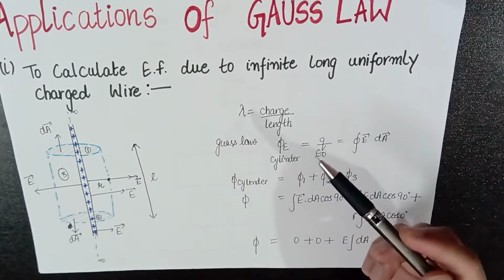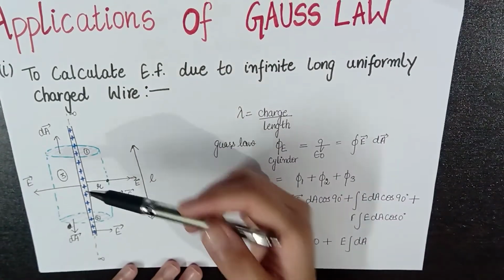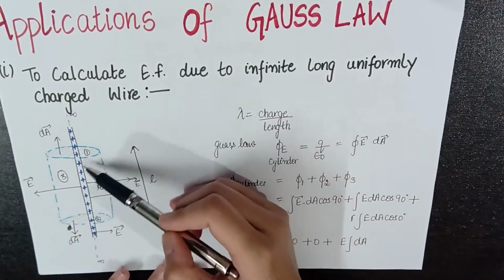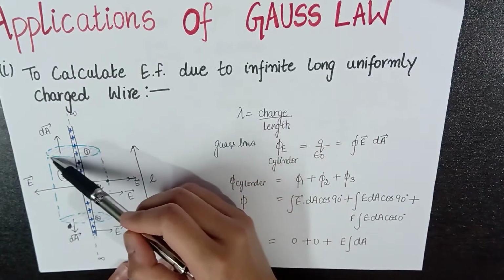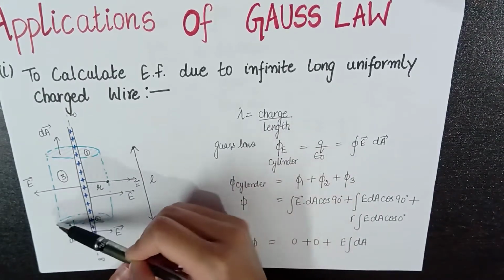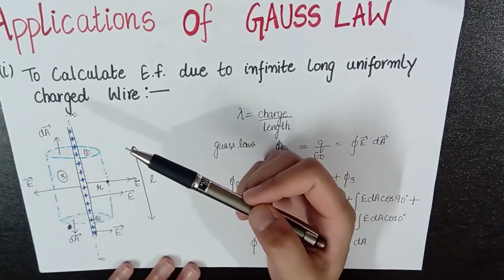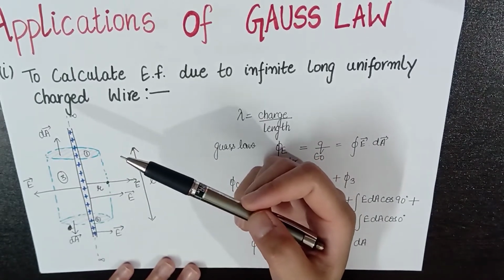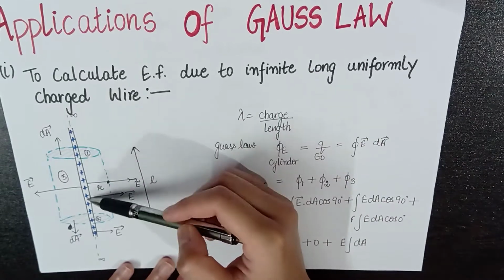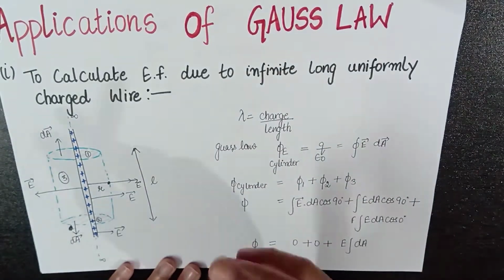For that, we will consider a Gaussian surface. The Gaussian surface in this case will be a cylinder. This cylindrical surface is the Gaussian surface with the help of which we will calculate the electric field intensity due to this infinite charged wire.